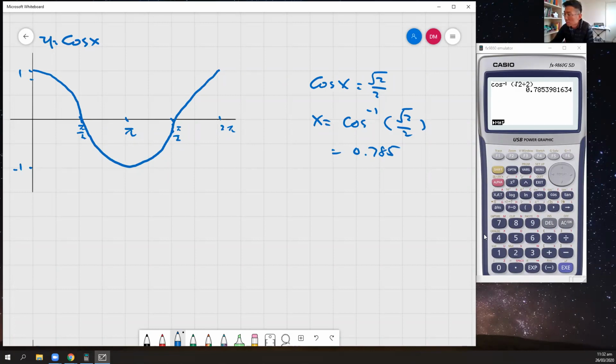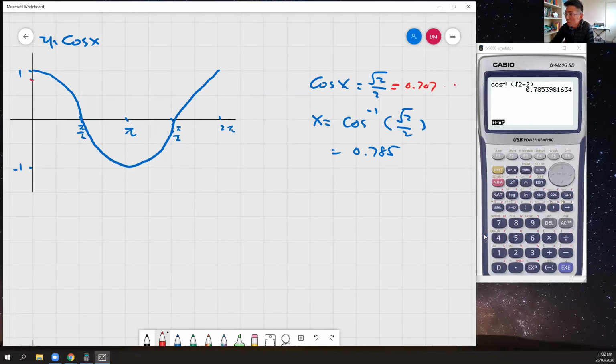Radians? Is 0.785 radians? Yeah, this one's radians, definitely. Otherwise, you will see a bigger number. All right. So square root of 2 over 2 gives you 0.707 something, roughly. Hence, if you plot this out, it looks like this.